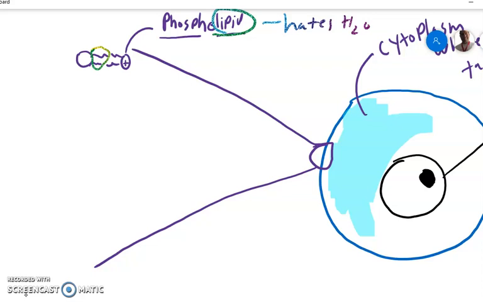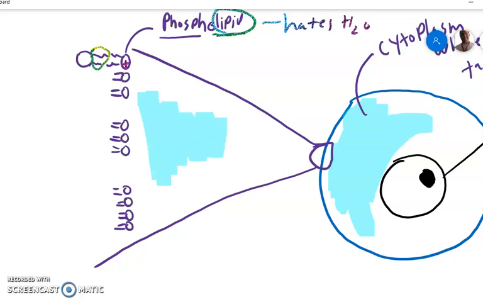Now, phosphate groups like being charged. And I'm just going to put a little plus there to show that it's charged. Now, this is two pairs of phospholipids. This little section here is actually made up of two rows of phospholipids. This row here is facing my intracellular space.